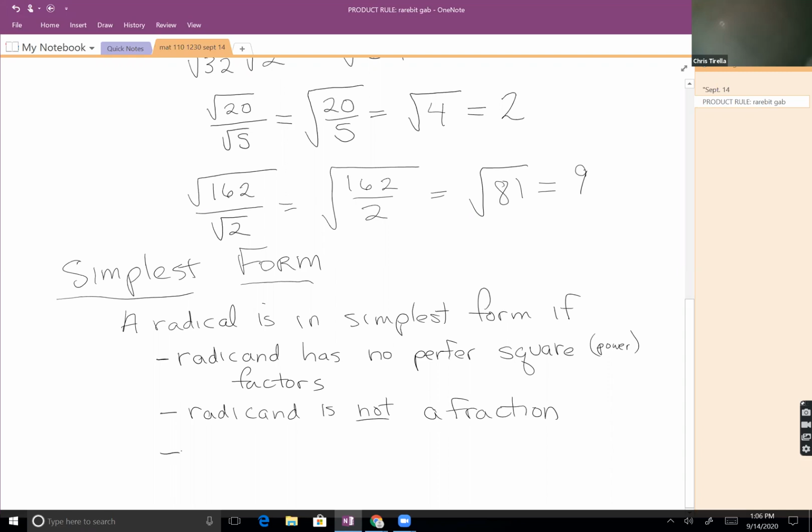And we're going to say that a rational expression, so a fraction, can have no radical in the denominator. So an irrational expression has no radical in the denominator.